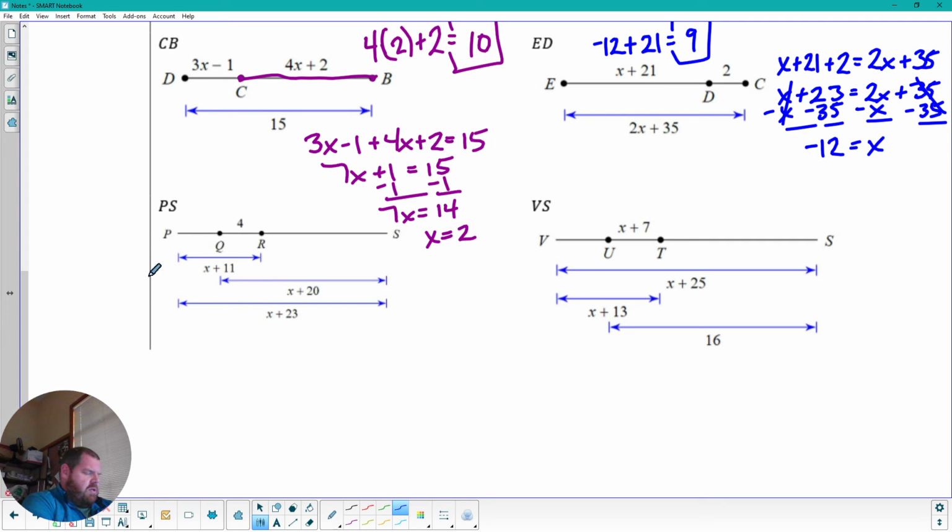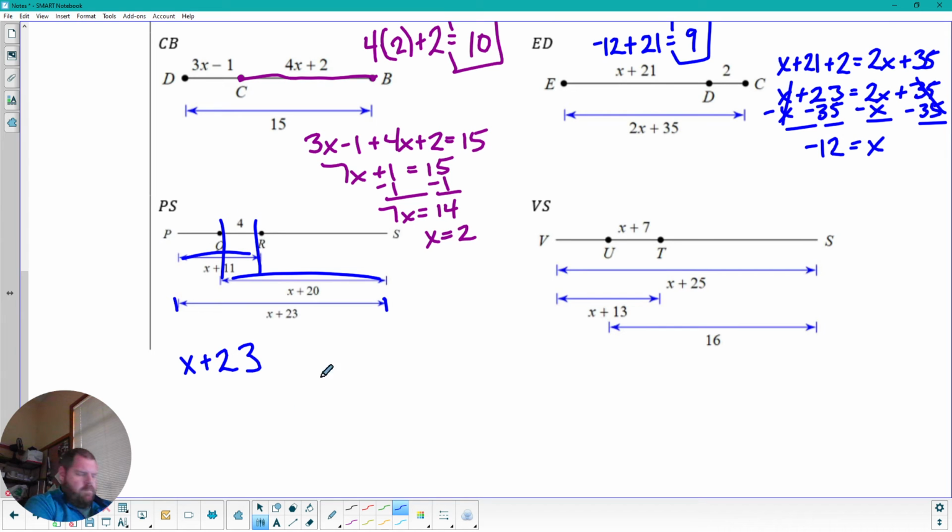I know the entire PS is x plus 23. That's given to me right here, from there to there. The problem is if I add up these two pieces, I've double counted this middle section right here.